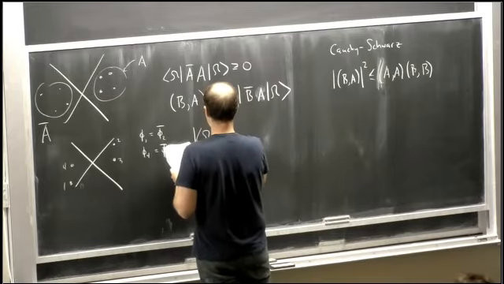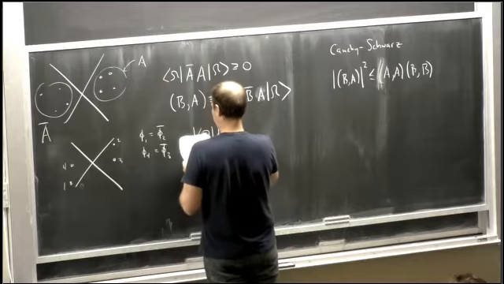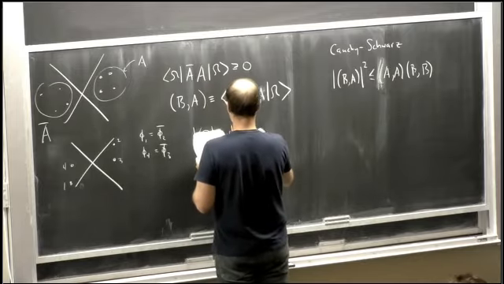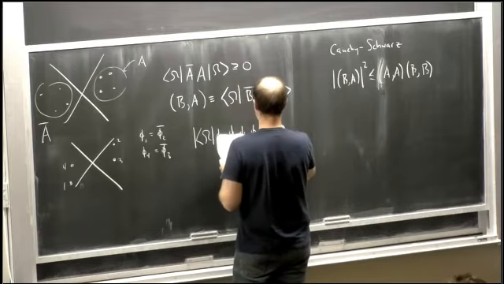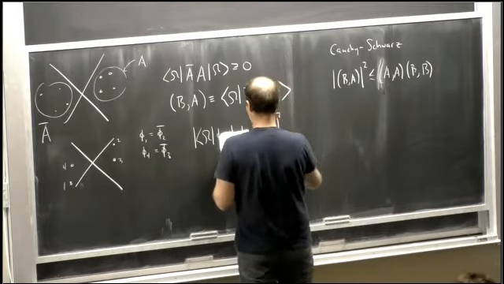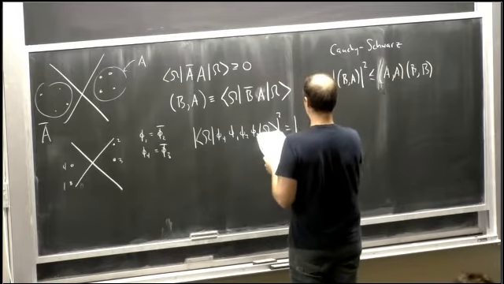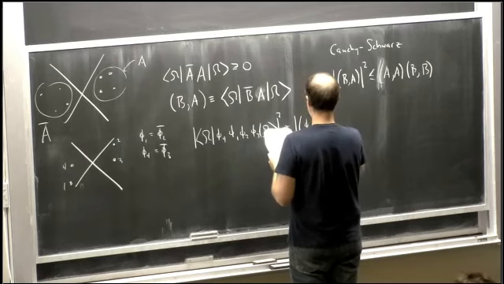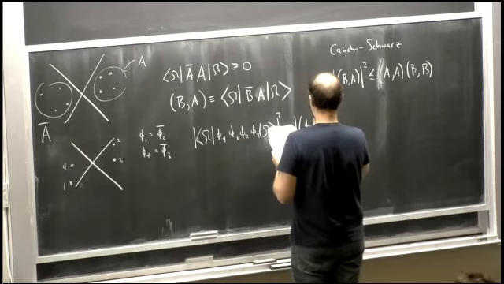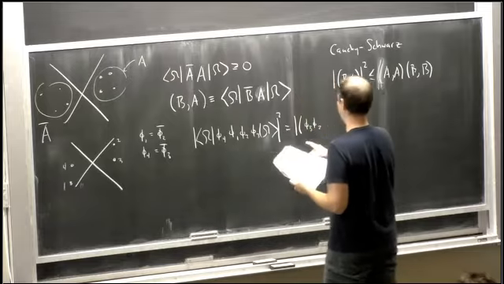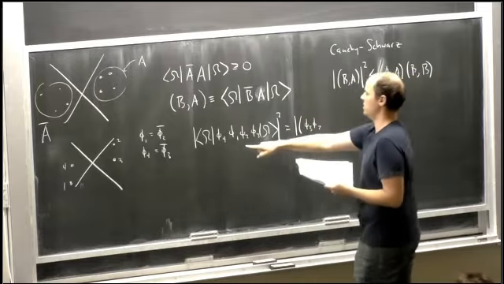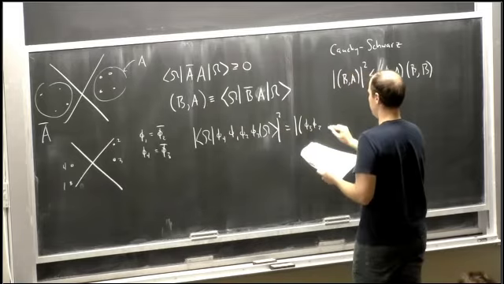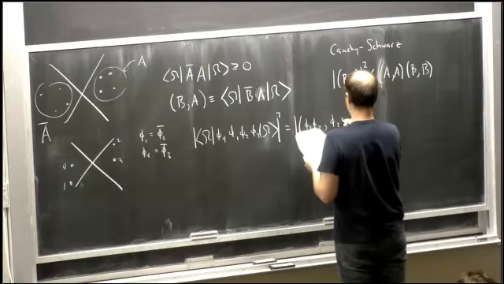The Cauchy-Schwarz inequality implies that phi 4, phi 1, phi 2, phi 3 squared, so this is just our inner product. In our Rindler symmetric configuration, I can replace phi 4, phi 1 with the bar of phi 3, phi 2.